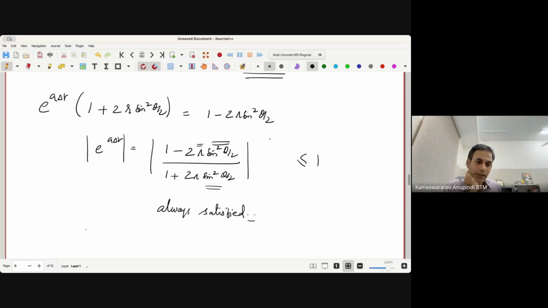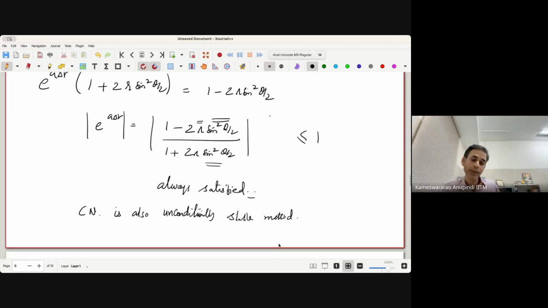As a result, the Crank-Nicolson method is also an unconditionally stable method. So there is no restriction on the delta t.